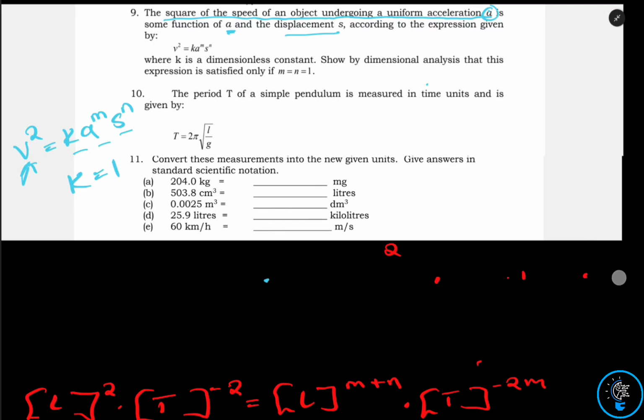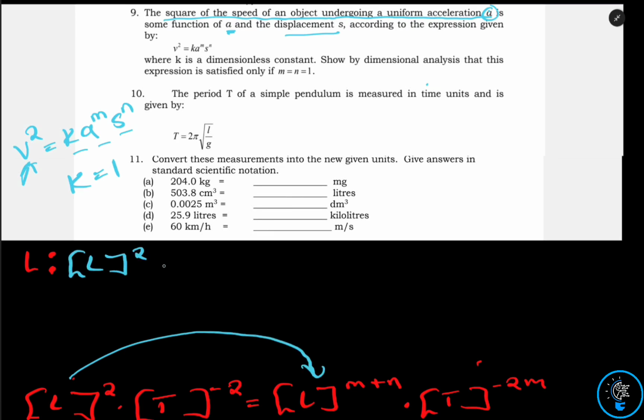So now we can develop some equations by saying L, when you take the L part, this part corresponds to that part. So we can say L, that one is equal to L to the power m plus n.